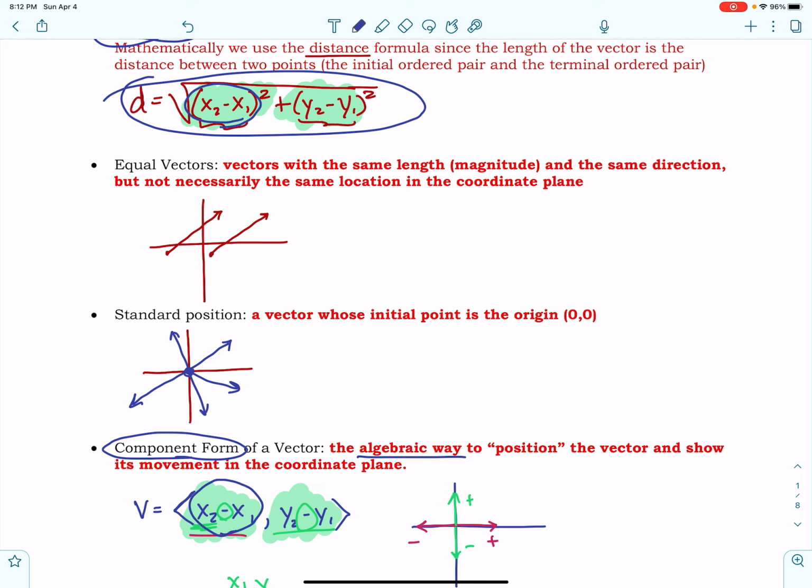So if you already have the component form, you just have to take those values and square them and add them together. Woo! Life's worth living again. You're welcome, kids.